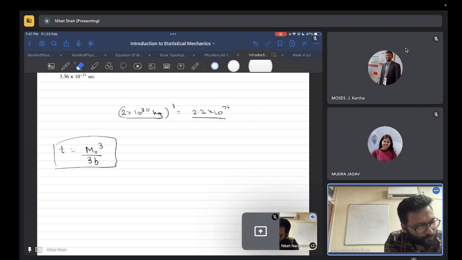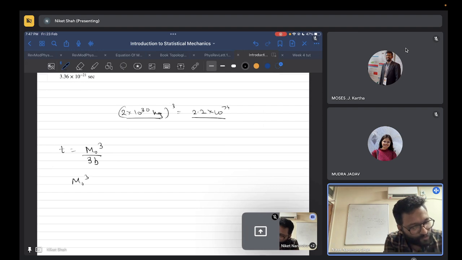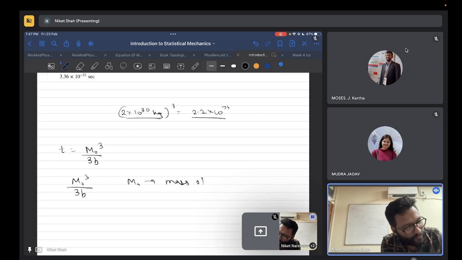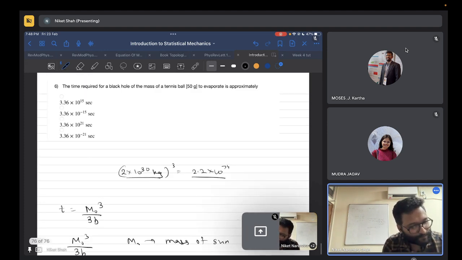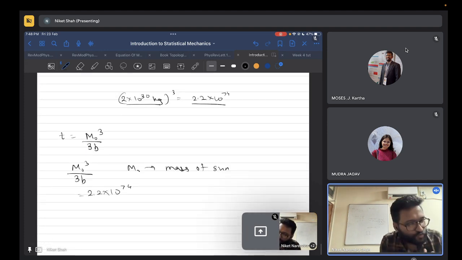Okay, so for the sun, this time was given to be, if we calculate m0 cube divided by 3b, where m0 is the mass of the sun. This value for the sun comes out to be 2.2 into 10 raised to the power of 74 seconds.